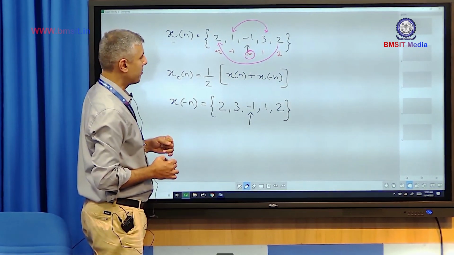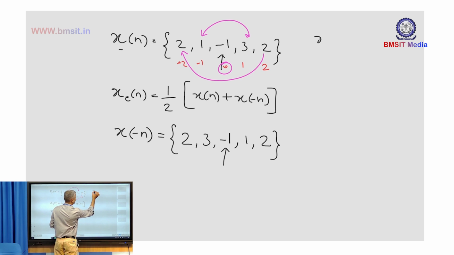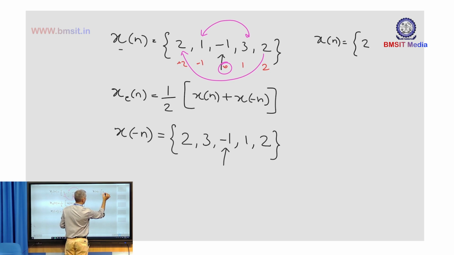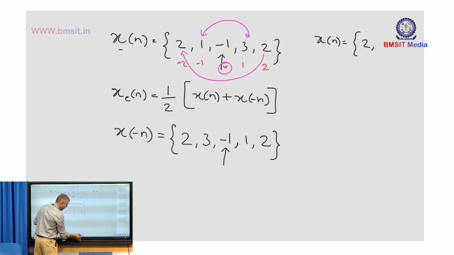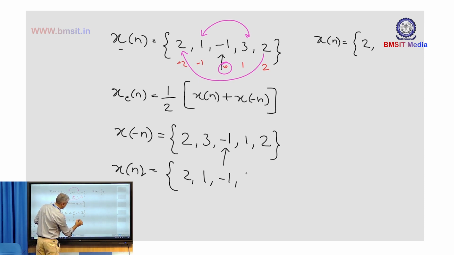Now let us continue that over here. x of n is 2, 1, minus 1, 3 and 2.